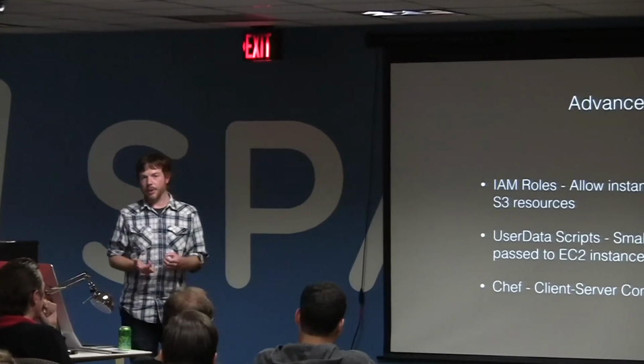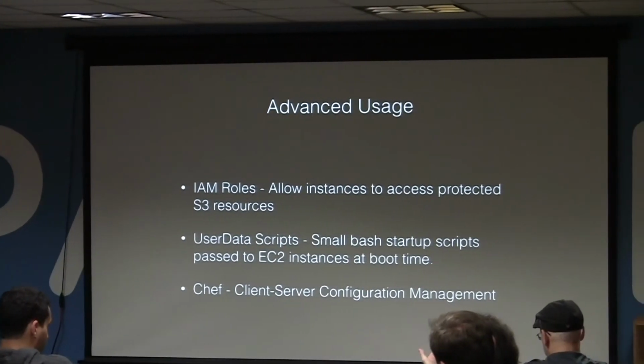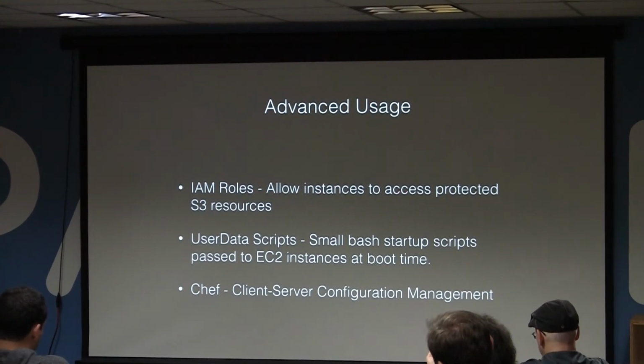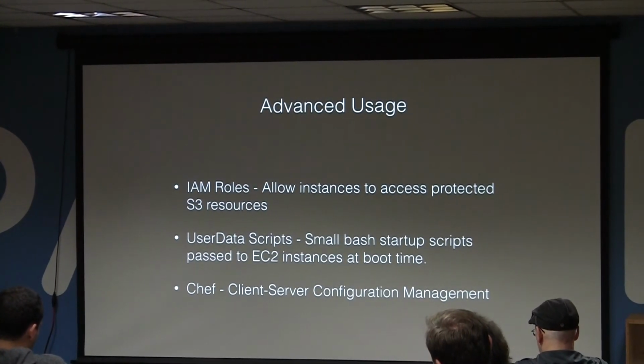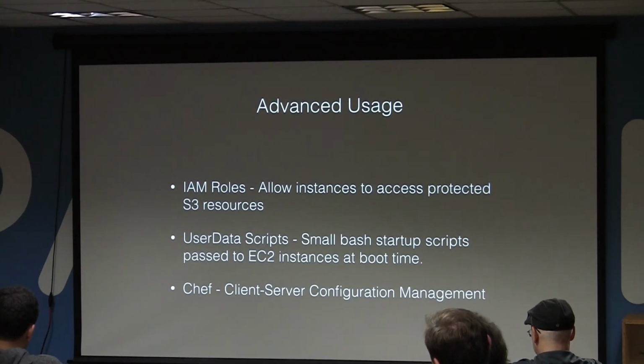Actually, that's kind of a good segue into this. In the example I gave, I was using AMIs, and that's one of the things that we don't use in our environment at all. We actually use Chef to provision all of our instances, and that takes an instance from bare metal all the way up to running production code by running a series of controlled scripts that get it there.